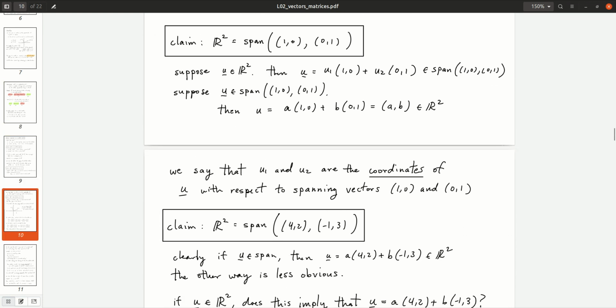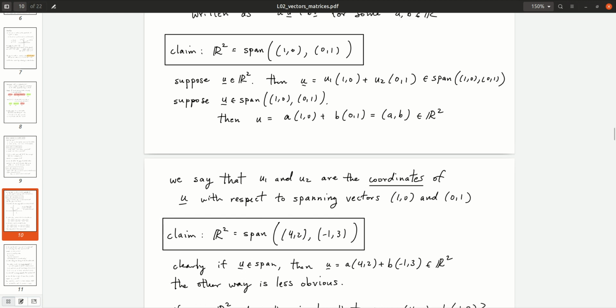All right, now if we have the span of two vectors, and we take a representation of those two, we say that the two elements of that vector are the coordinates of that vector with respect to the spanning vectors 1, 0 and 0, 1.